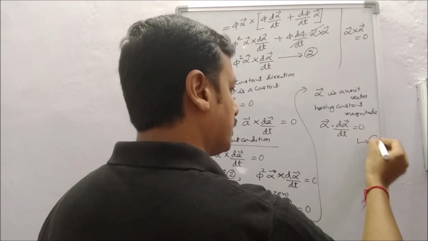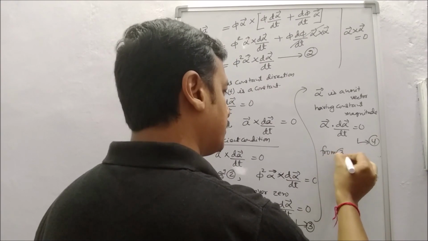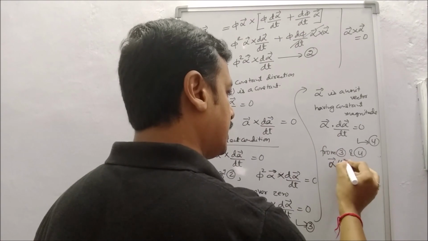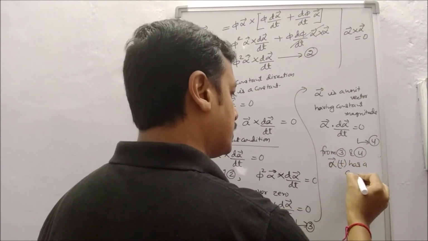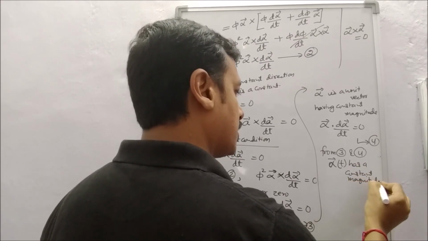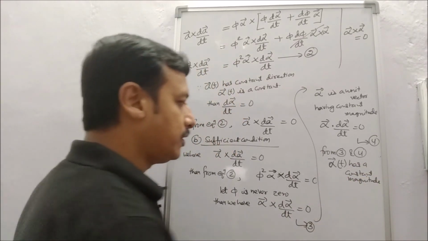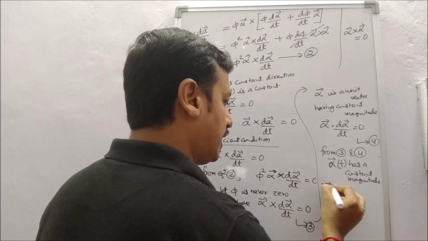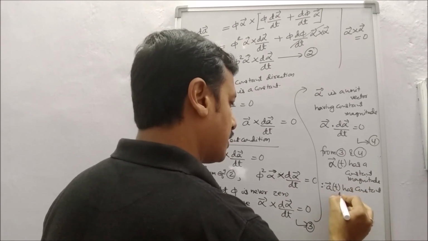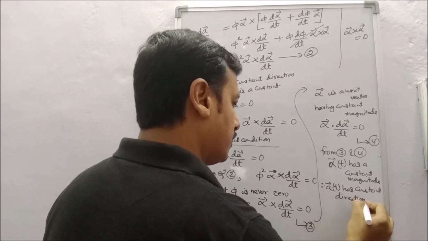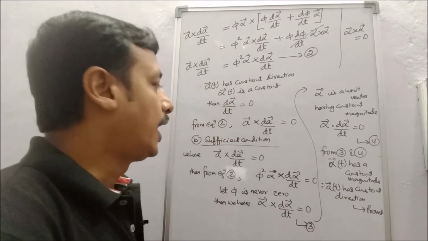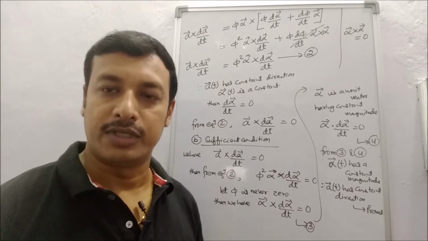This is equation number 4. From 3 and 4, alpha(t) has constant magnitude, therefore vector A(t) has constant direction. That proves the sufficient condition for a vector A to have a constant direction.